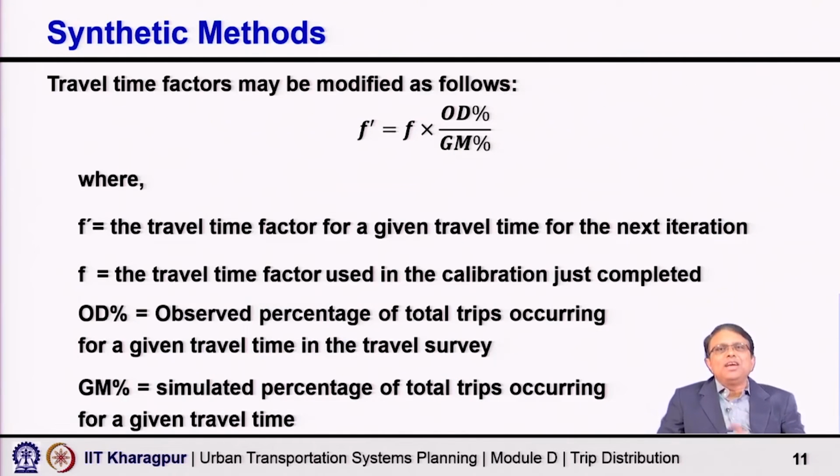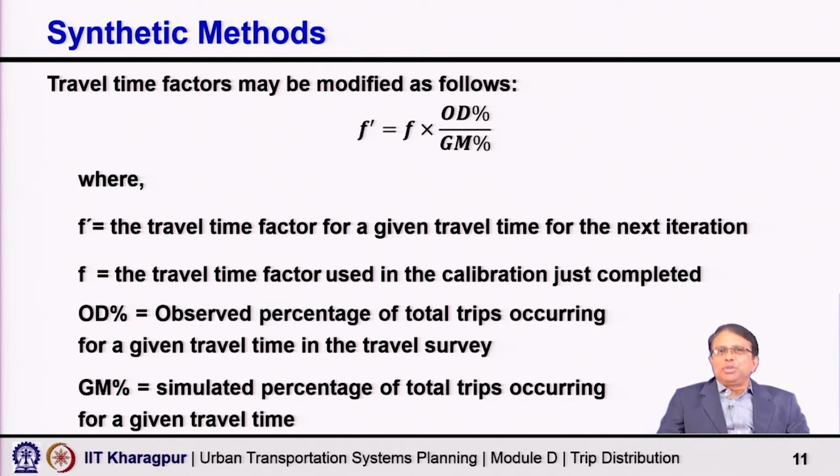How do we modify? As I told you, this is the formula. My friction factor value for a given travel time, if it was f, then the new value should be f dash equal to f into the observed percentage divided by the percentage you got from the gravity model.